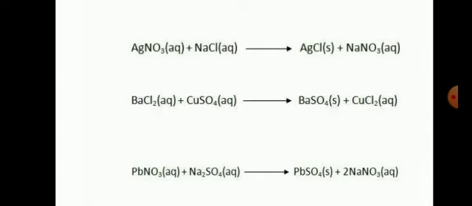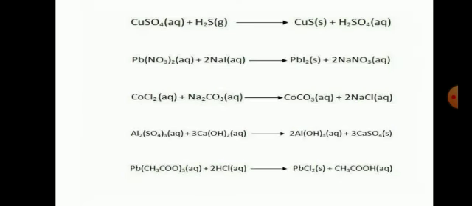So here the end products are PbSO4, which is lead sulfate, and 2NaNO3, that is sodium nitrate. So here you can observe that the double displacement reaction has taken place. Fine. So there is a replacement or displacement of the ions among their compounds or in their aqueous solution, right? So this kind of reaction is a DD reaction.